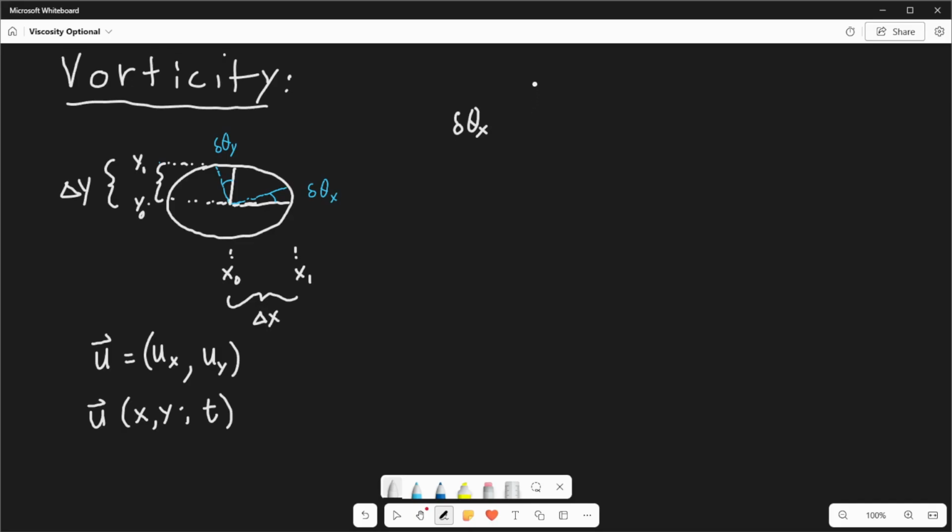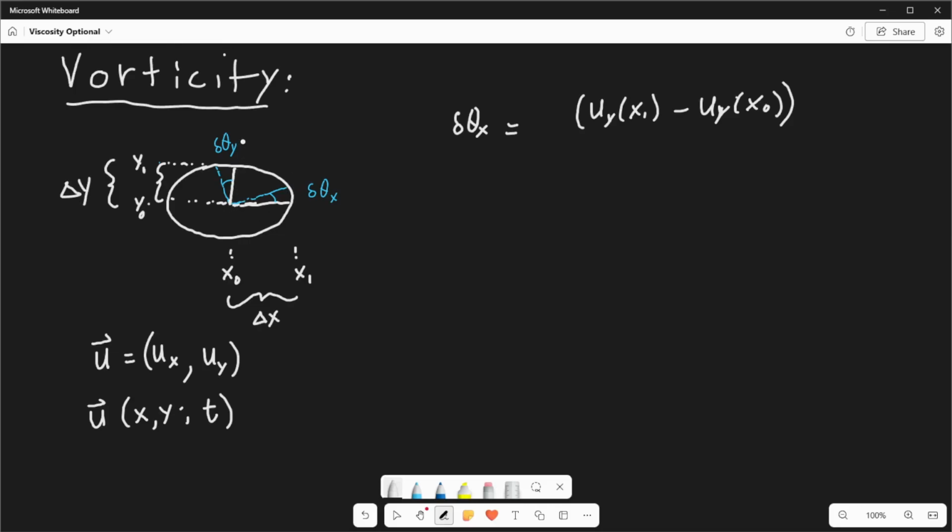So the delta x is going to be basically equal to this. So there's this u vector, uy at x1 minus uy at x naught. So what this is saying is if this part is moving up and that part is also moving up, then of course there's not any rotation.